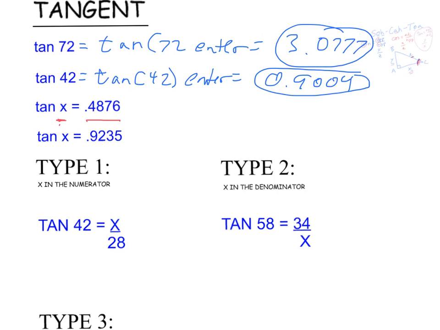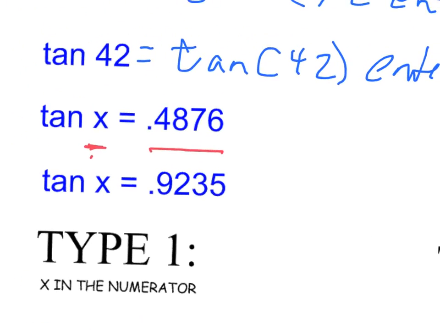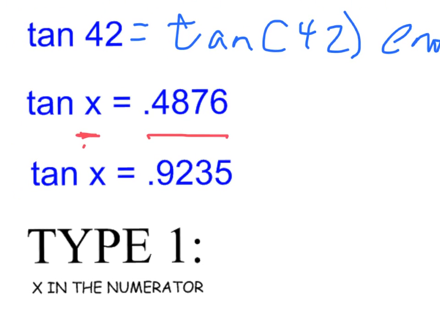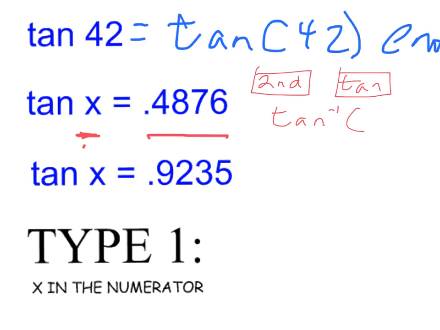This is when we use the tangent inverse, and I'll zoom in here so we have more space. What we do is we first hit second, then we hit tangent, and you get the tangent inverse, which allows us to find the angle that we're looking for.